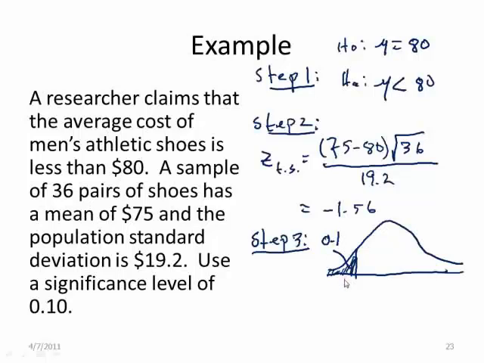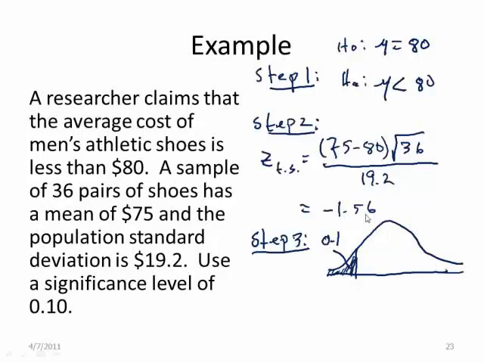So now we need to find the z-score at 0.1. So again, you can either A, look it up in the chart, or B, use the inverse norm command, and what value will you put in for that? 0.1.